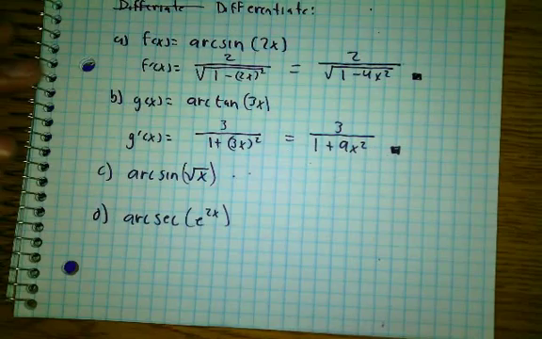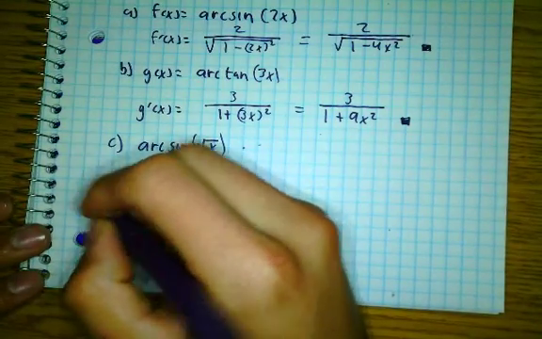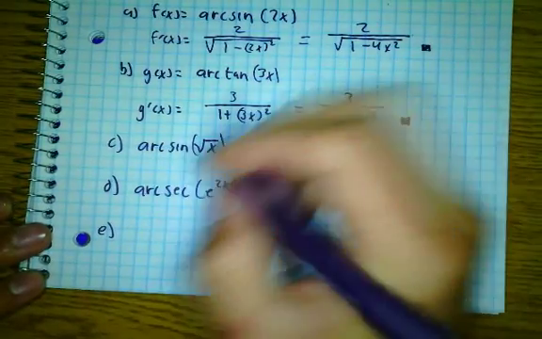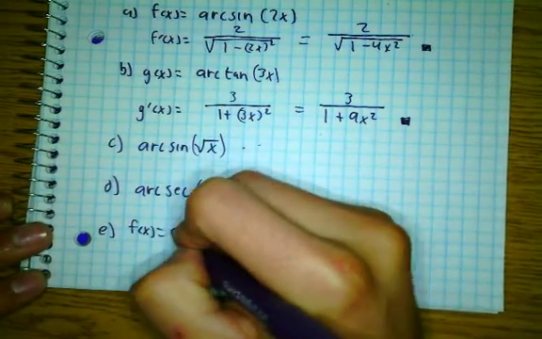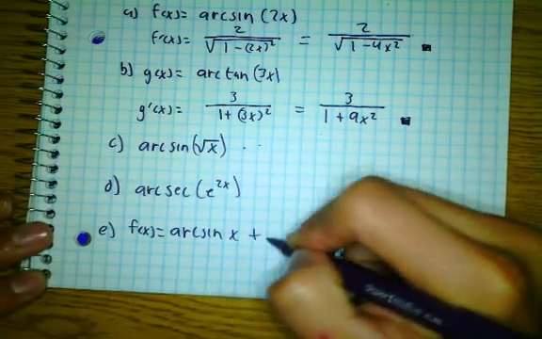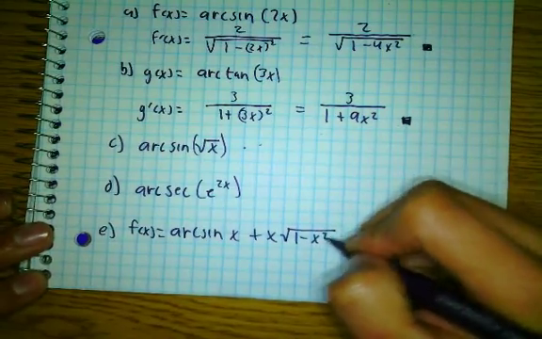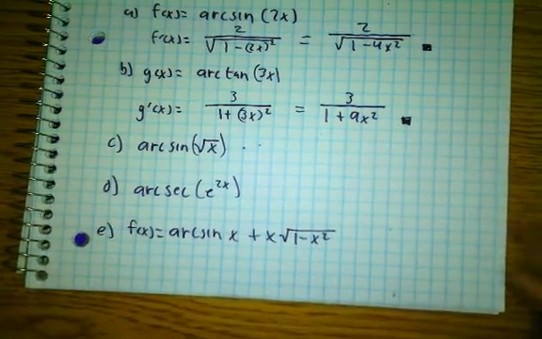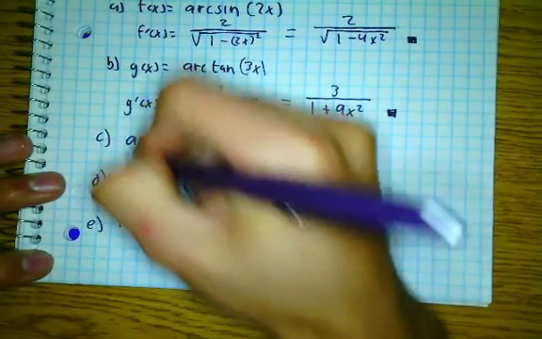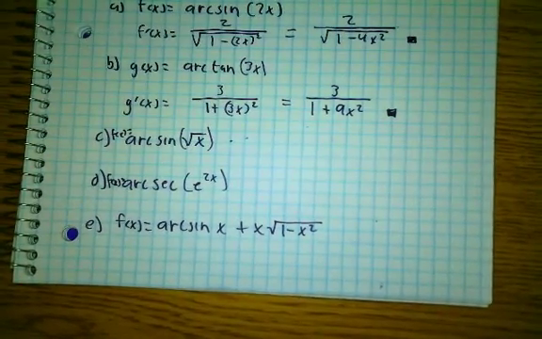How about f of x equals arcsine of x plus x times the square root of 1 minus x squared. Yes, I'm sorry, f of x equals, my mistake. So differentiate those three functions. C and D, if you use the rules, you should be fine. E, I'm throwing back old rules so you don't forget them.